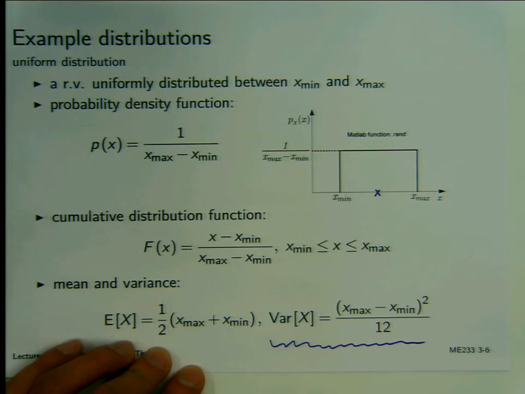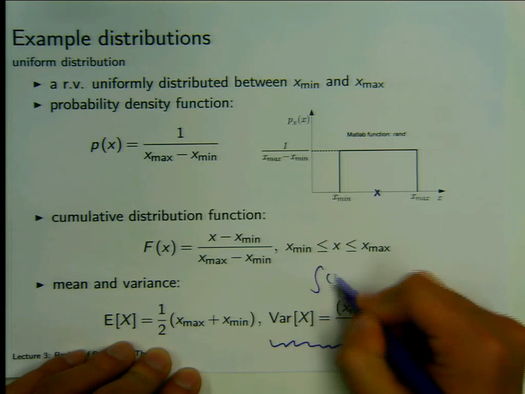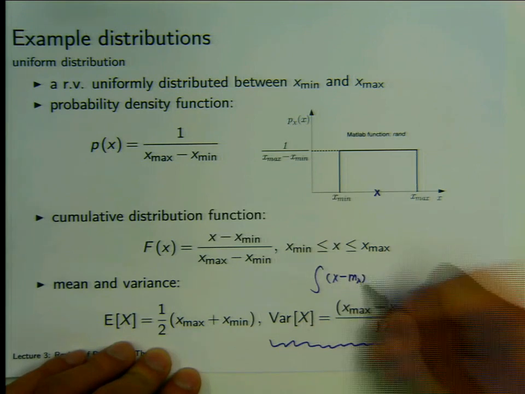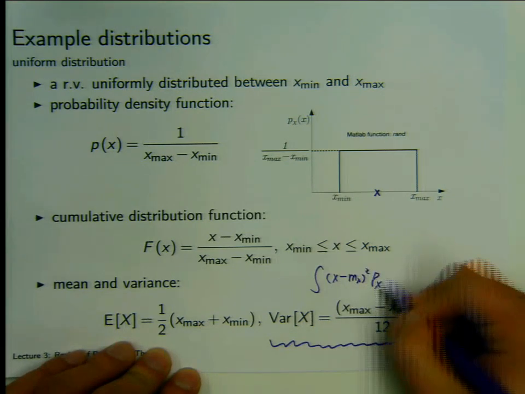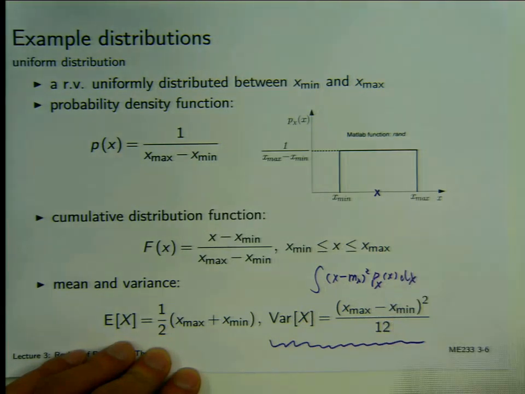Okay? If you think about it, I just told you the variance is a second order property, right? It's defined by the integration of (x minus the mean of x) squared times p_X(x) dx. Okay? It's a second order property. So that's why it has a squared term.